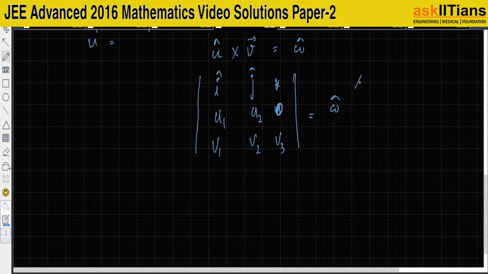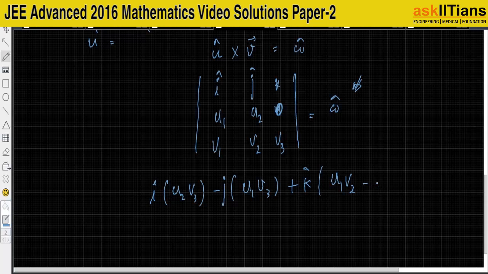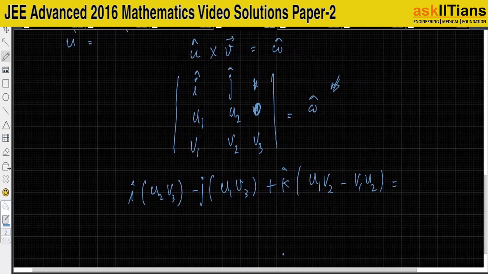We already know the w vector, right? So I'll get i cap, here I'll get u2 v3, minus j cap, here I'll get u1 v3, plus k cap, here I'll get u1 v2 minus v1 u2, and this entire vector is equal to 1 by root 6, what is vector w? 1 by root 6, 1 by root 6, 2 by root 6, right?